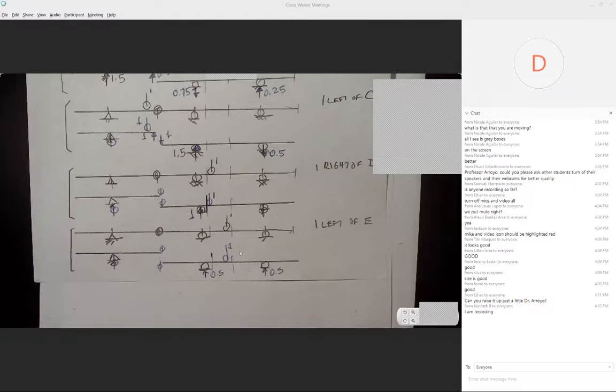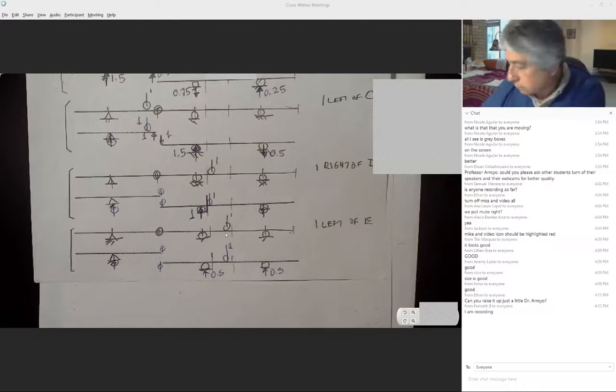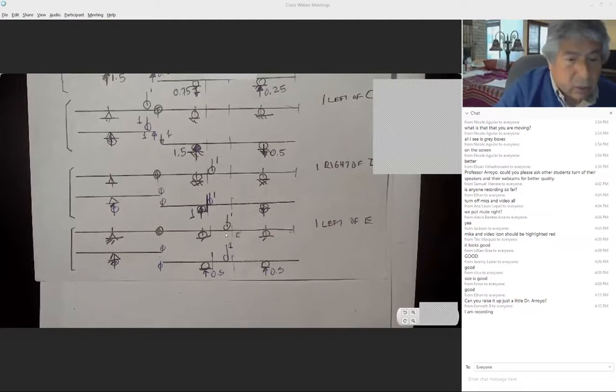The next case that I'm going to be looking at is the unit load to the left of E. This is the point E. And the unit load is to the left. Again, we don't see any forces. We're going to break it into one free body to the left and one free body to the right.